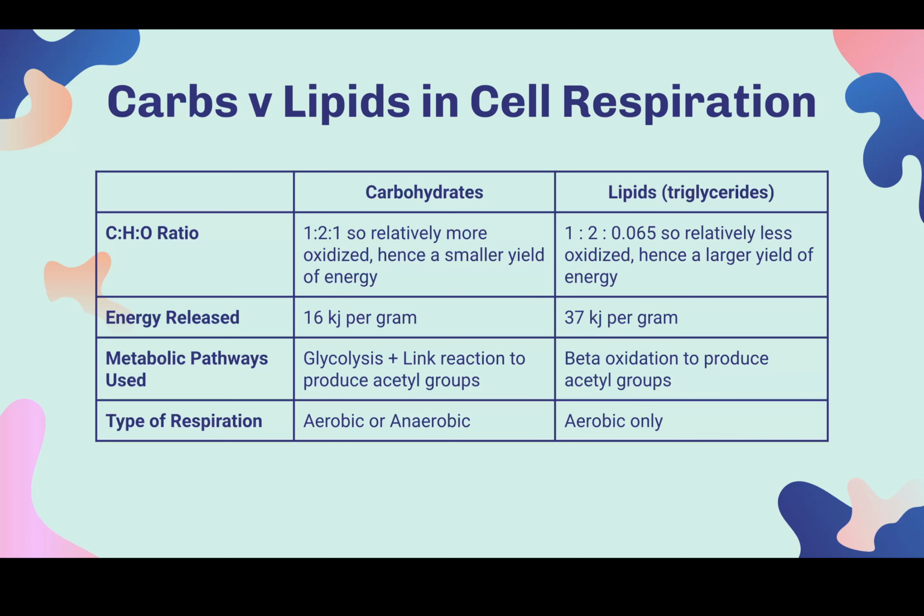So beta oxidation is what creates the acetyl groups for the rest of cell respiration when we're using lipids or triglycerides. And then there's type of respiration. Like I've said before, carbohydrates can have both aerobic or anaerobic respiration, but lipids or triglycerides can only have aerobic respiration. Is that good?